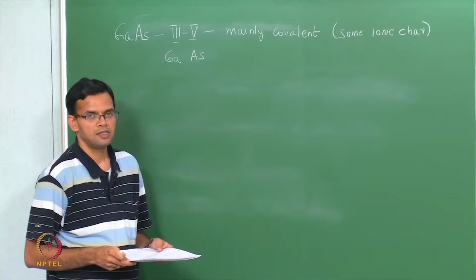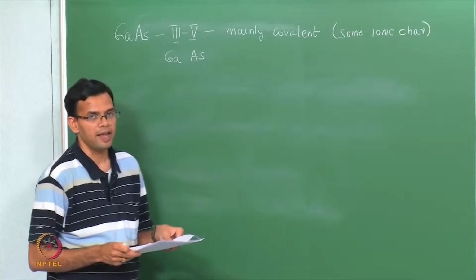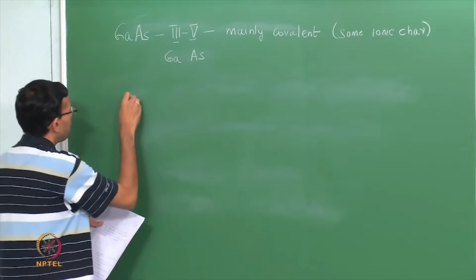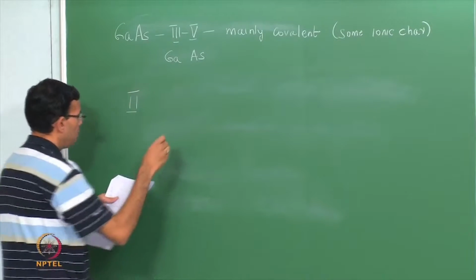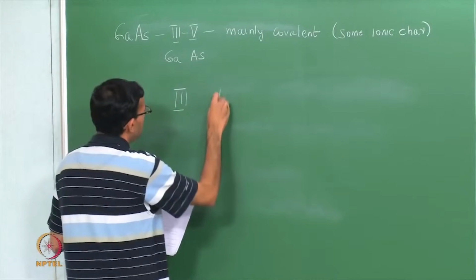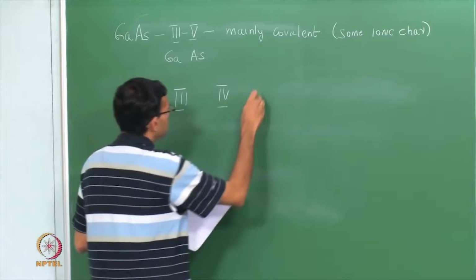To understand this, let us go back to the periodic table, especially the portion around gallium arsenide. So, let me write the periodic table. We have done this earlier when we looked at elemental and compound semiconductors.